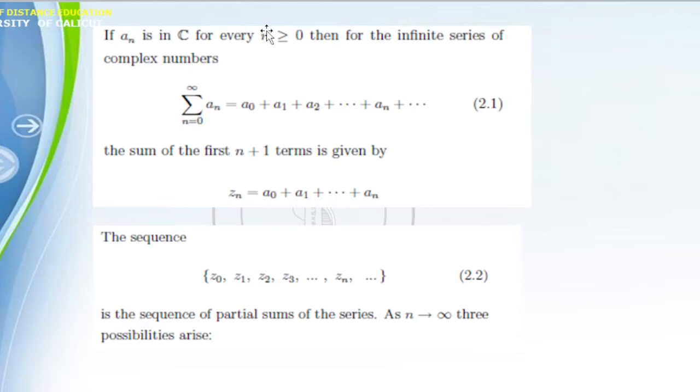Then the sum of the first n plus 1 terms is given by Zn equal to a0 plus a1 plus and so on up to an. Then the sequence of sums z0, z1, z2, z3 and so on, zn, is the sequence of partial sums of the series. As n tends to infinity, there are some possibilities.